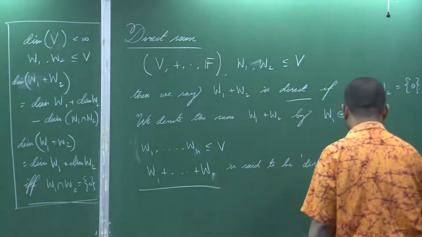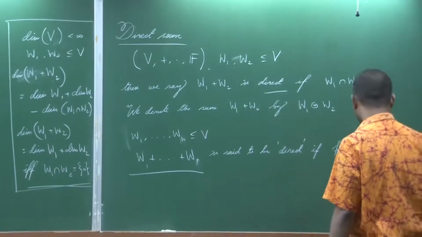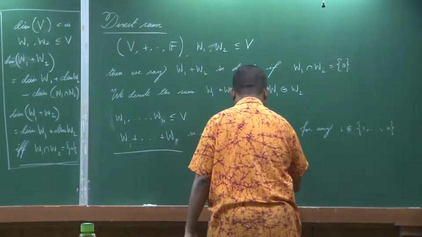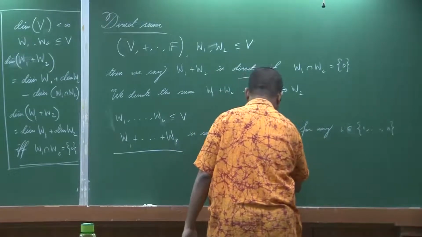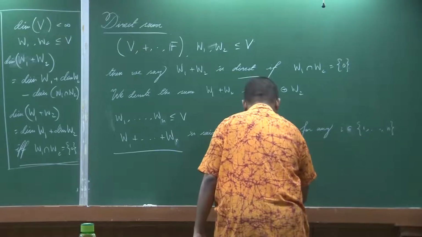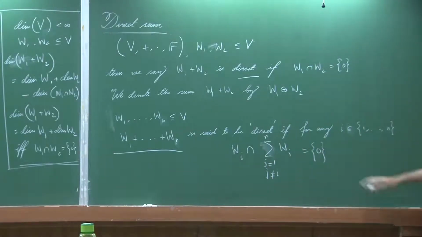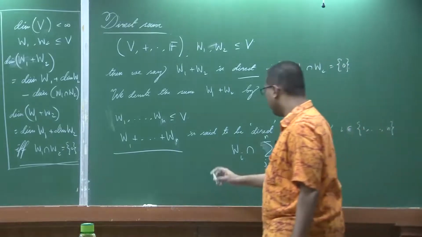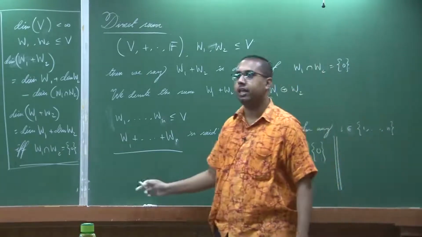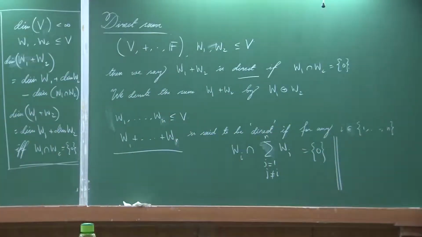If for any i, Wi intersection the sum of the other Wj, j from 1 up to n, j not equal to i, if this is trivial, so try to understand that this is actually a stronger condition than saying any two intersection will be trivial. Let me give you an example.